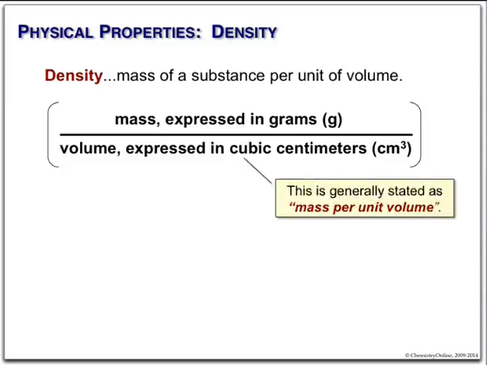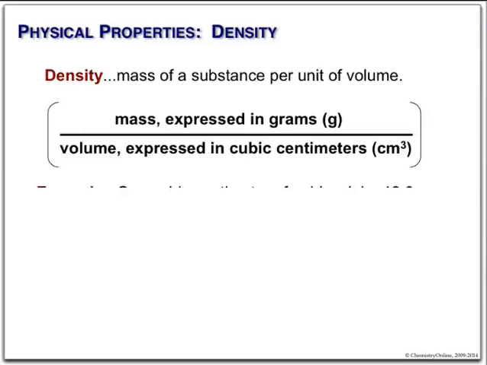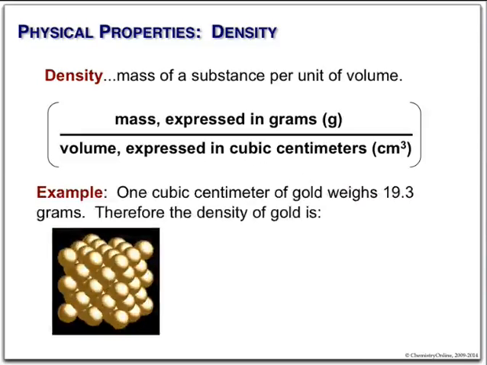Let's say we had gold. Here's our little picture of gold atoms. If we have exactly 1 cubic centimeter of gold and we weighed it, it would weigh in at 19.3 grams.